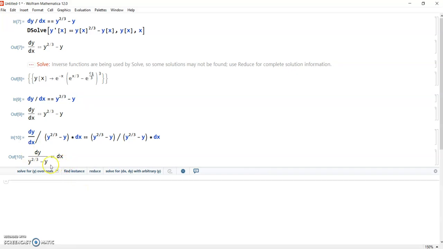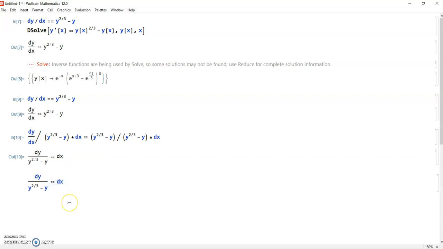For the integration, I will again copy this output and paste it here in the next line, and I will use the Integrate function from Mathematica.